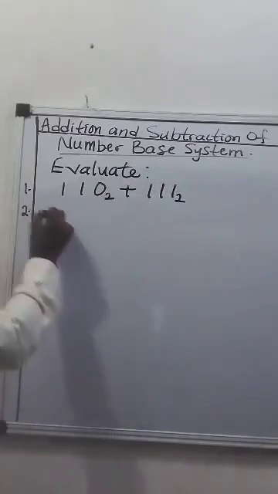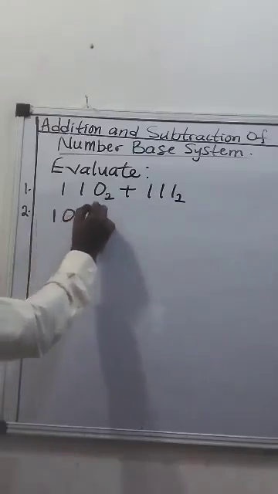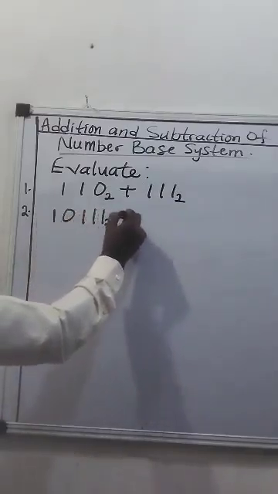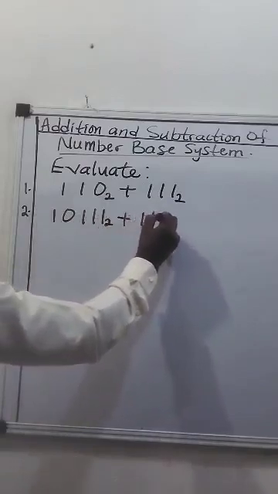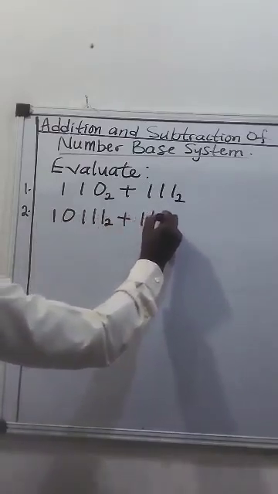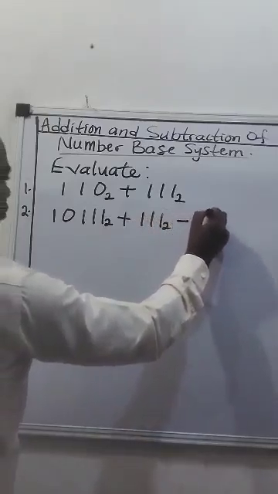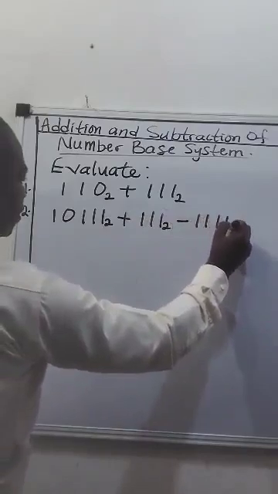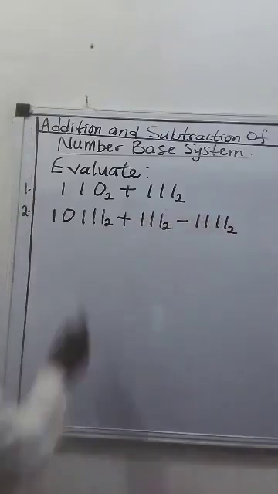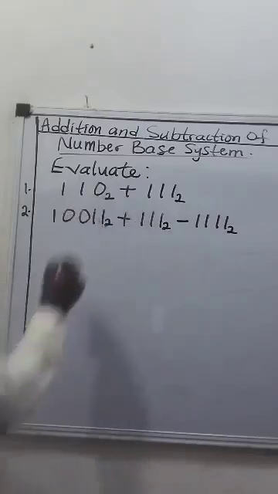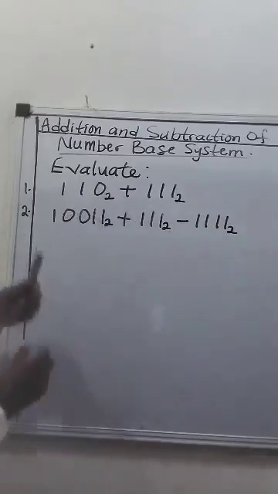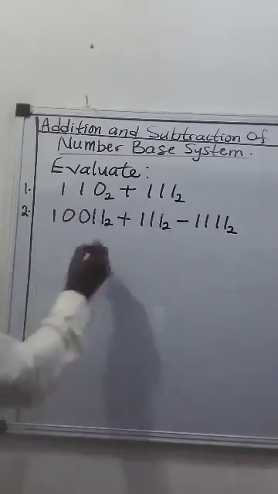So number 2, 1 base 2 plus 1 base 2 minus 1 base 2. All right. So let's solve these two first. So number 1, solution.